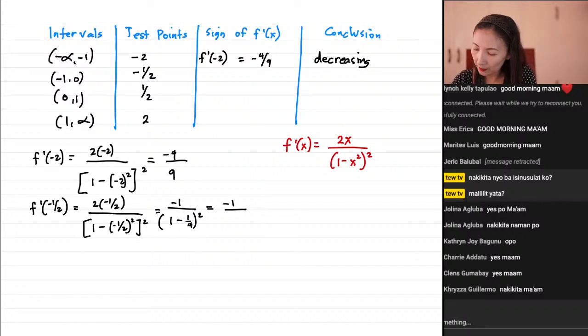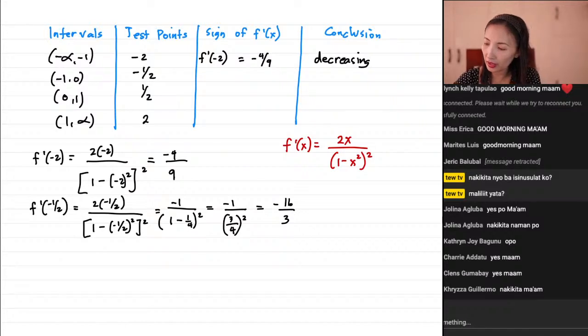So this will be 3/4 squared, equal to negative 16 over 3. So f prime of negative 1 half is equal to negative 16 over 3, so decreasing.